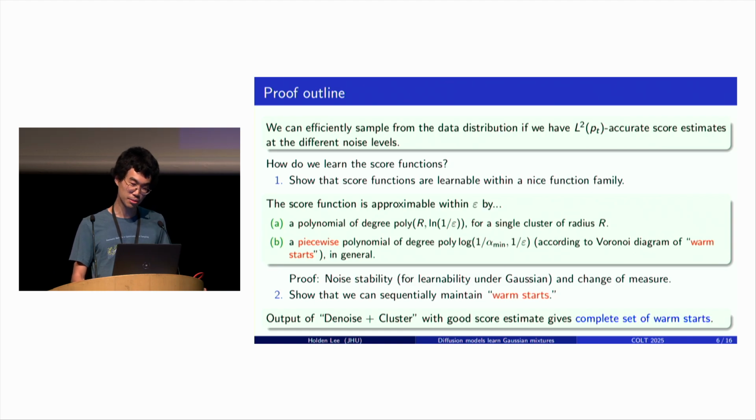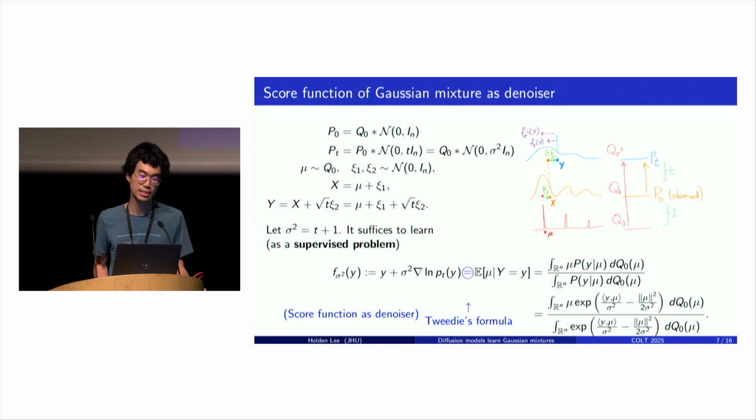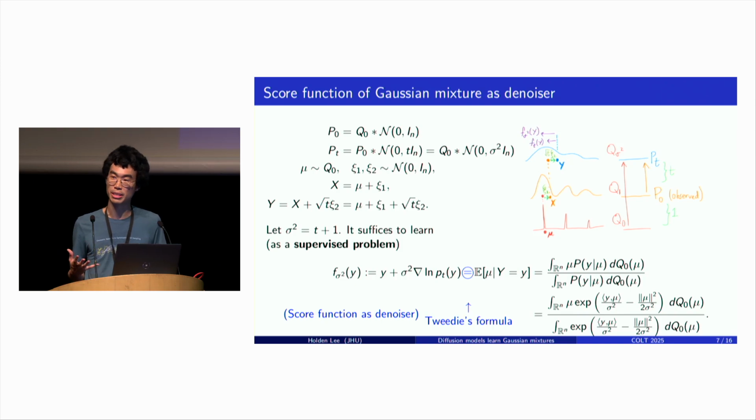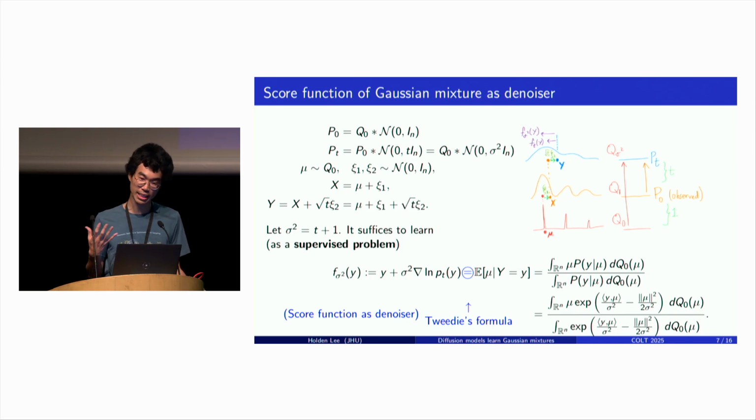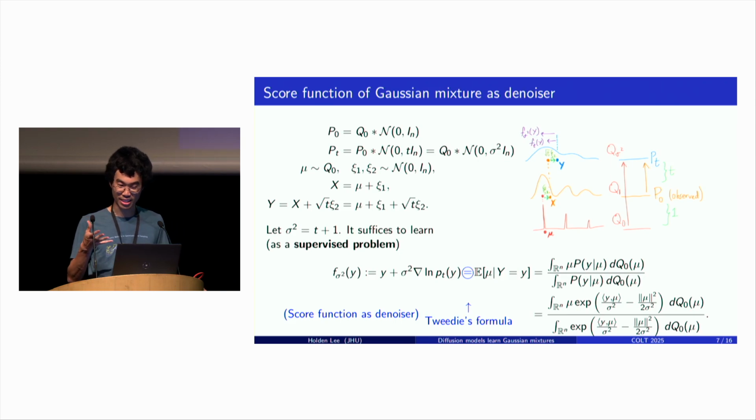To learn these score functions, we have to first understand what the score function of a Gaussian mixture looks like. So I'll use the interpretation of it as a denoiser. Here's the setup. Our sample from a mixture of Gaussians we think of as coming from a Gaussian centered at a mean mu. We add a Gaussian to it to get our data point x. And when we run our diffusion model, we add additional Gaussian noise to get a point y.